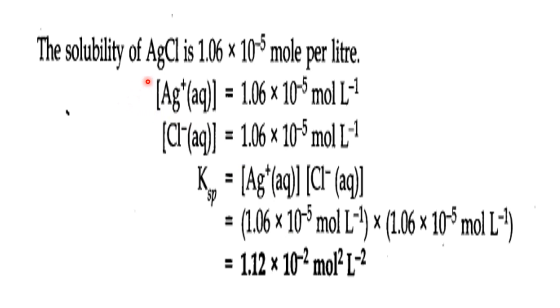Accordingly, the solubility of AgCl is 1.06 into 10 to the power minus 5 mole per liter. That means 1 mole gives 1 mole and 1 mole, as per the dissociation theory we learnt in our previous session. So solubility product Ksp equals what? The concentration of both ions multiplied, which gives you 1.12 into 10 to the power minus 10 mole square per liter square. Okay, right.